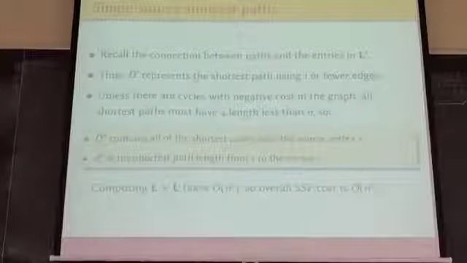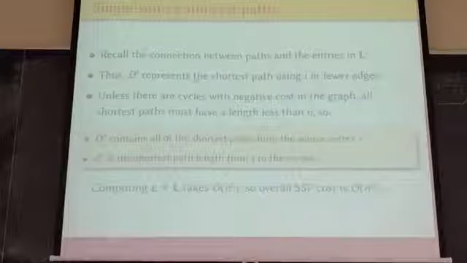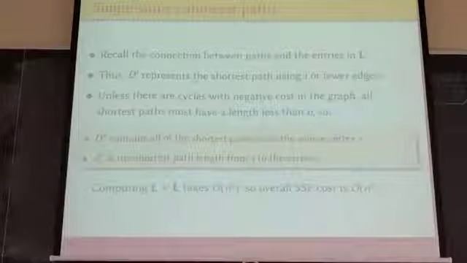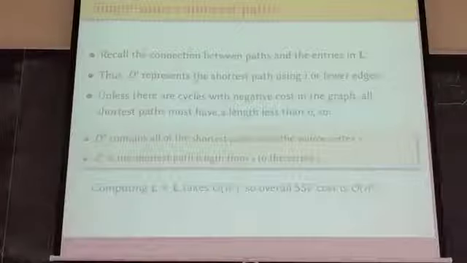Because L tells you the cost of doing this using at most one edge. So what is the shortest path that uses one edge? That's what L gives you. For L times L, you have to go from, for instance, L.